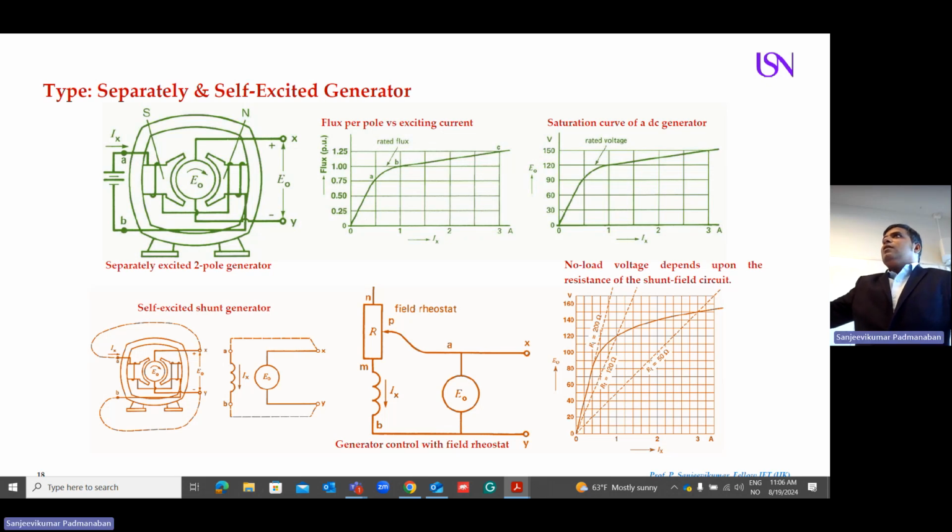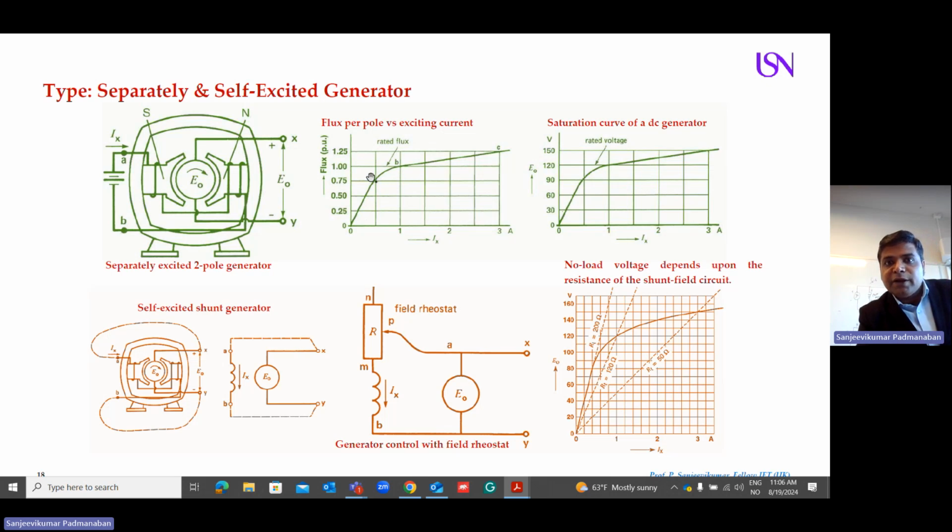For example, if my flux is 40 Weber, I reach 40 plus 25% extra. Is it clear to you? If I want 100%, 100% comes exactly at 1 ampere. If I apply 1 ampere of current here by increasing the voltage, I can get 100% flux.